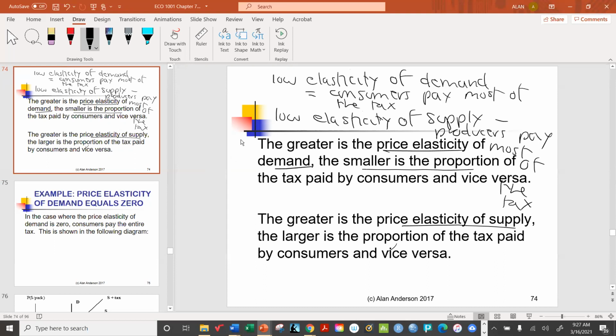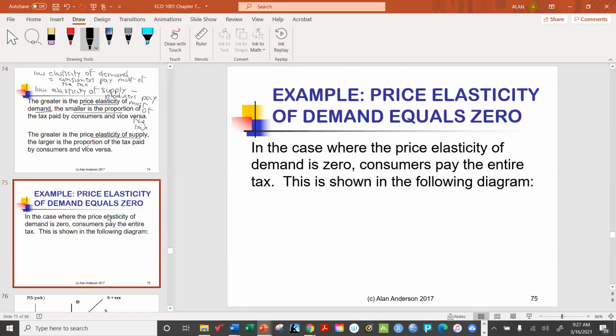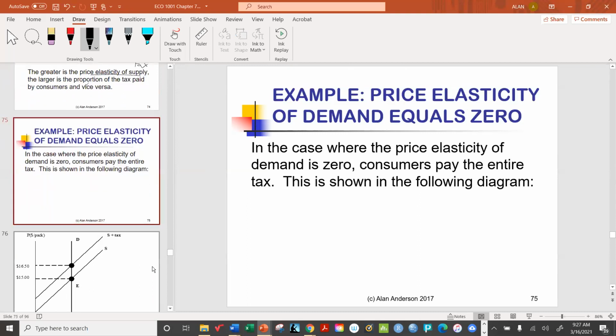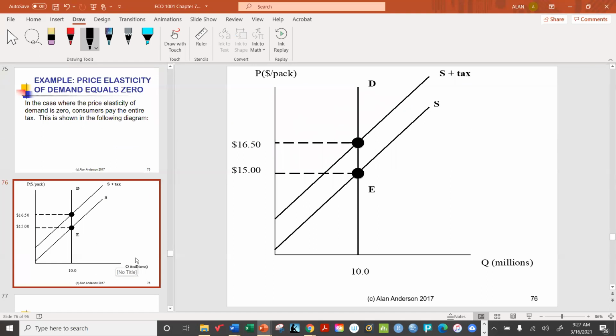Okay. Now, let's take a look at some extreme examples then. Let's say the price elasticity of demand is 0. That would be the case of the vertical demand curve. Now, we're still looking here at the case of cigarettes.